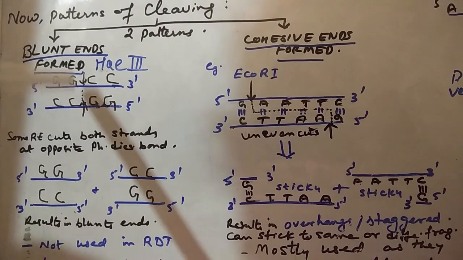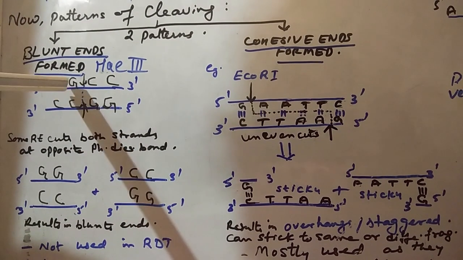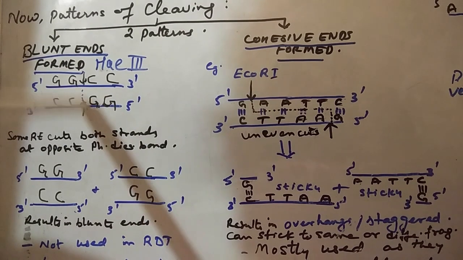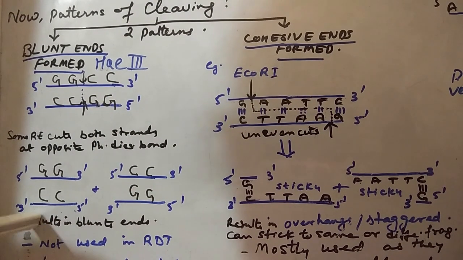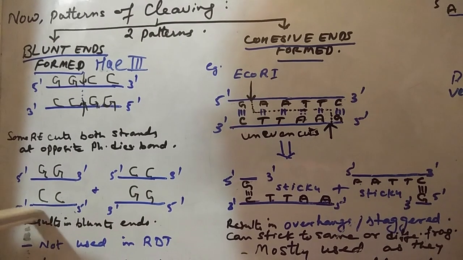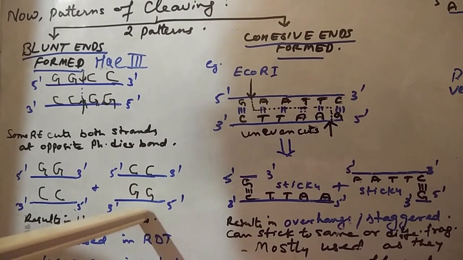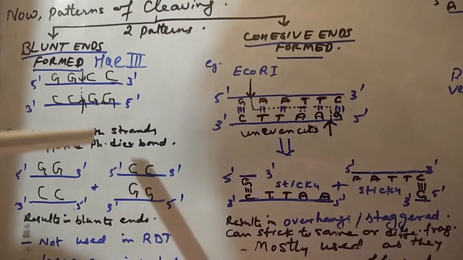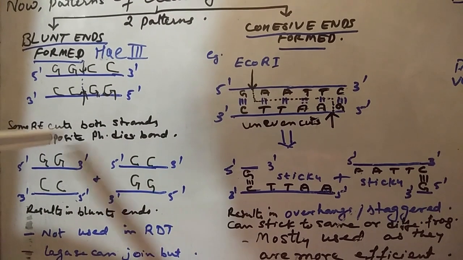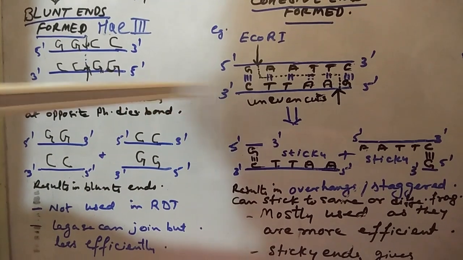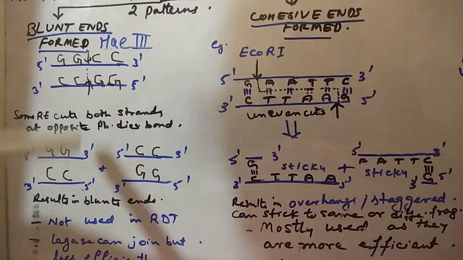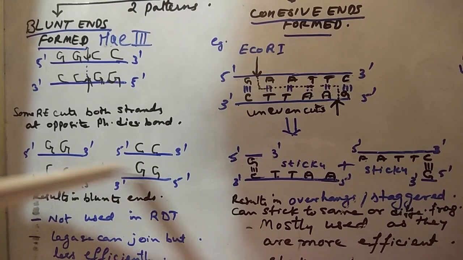And so see, in this double strand, it cuts opposite strands in the same area. So you get one fragment, very evenly cut, and the other fragment this. Such restriction enzymes cut the strands at opposite phosphodiester bonds, exactly opposite, not here and there like the sticky end. So they give 2 even fragments.